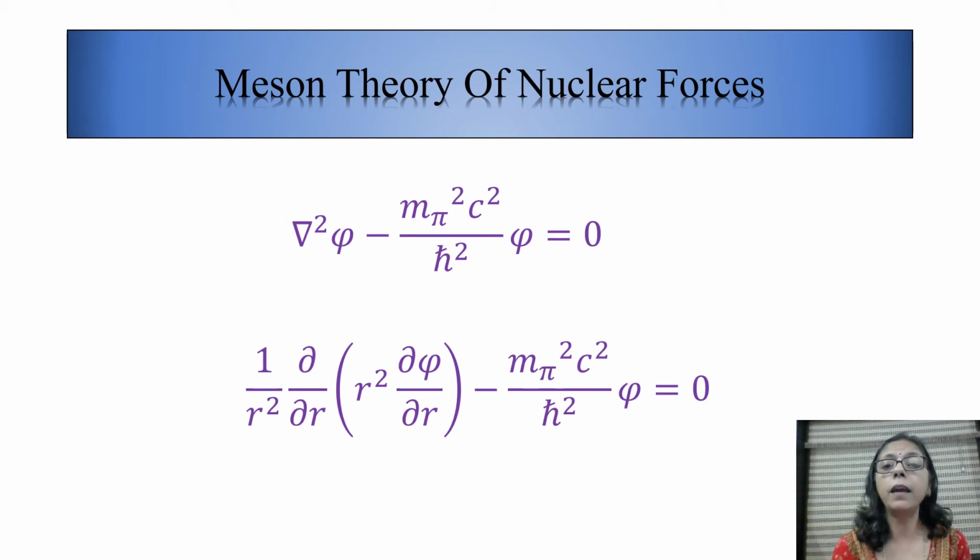Del square phi minus m pi square c square upon h cross square phi is equal to 0. I hope you understand mathematics to the level that the same equation can be written as 1 upon r square del by del r of r square del phi by del r minus m pi square c square upon h cross square phi is equal to 0.